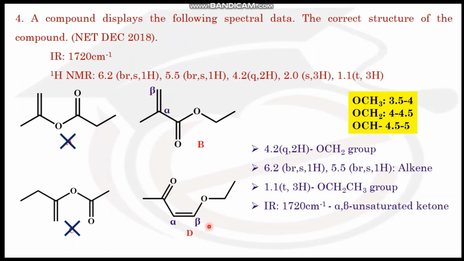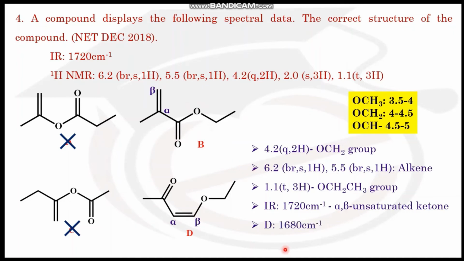But in option D, it is double bond O, double bond C, double bond C, then O. If you watch the IR related videos, you can see that the value decreases from 1700 to 1680 centimeter inverse in these kinds of compounds, and this value is higher in these kinds of compounds.